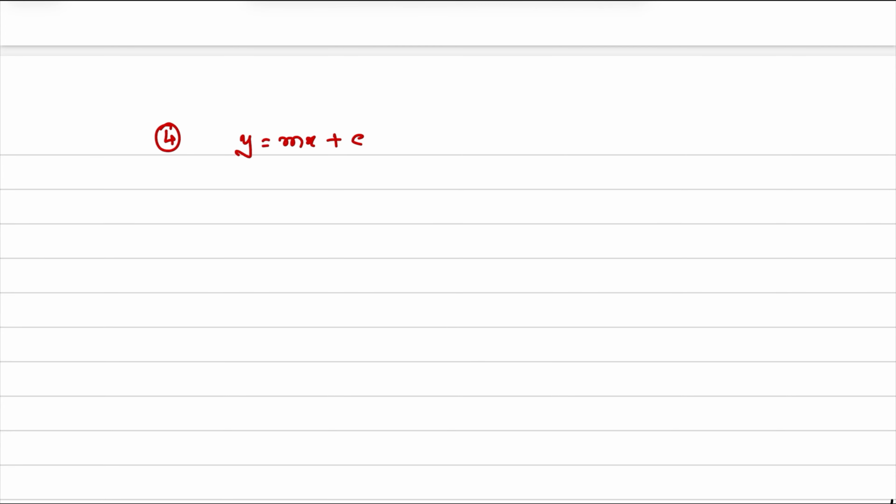And for different values of m, that is slope, you have different values of y and c. That means, if y is written as function x is equal to mx plus c, it is a function. For different values of x and for the constants m and c, you have different values of function x.